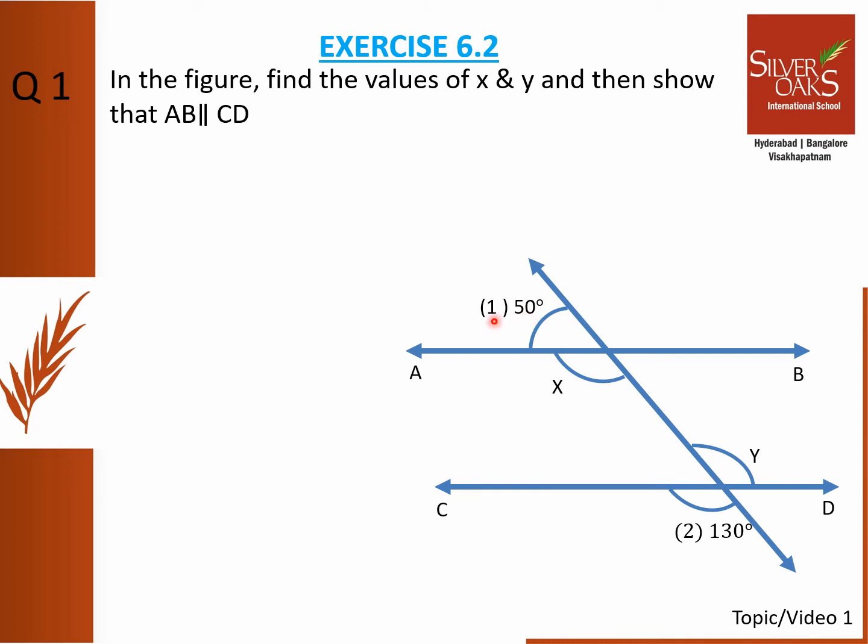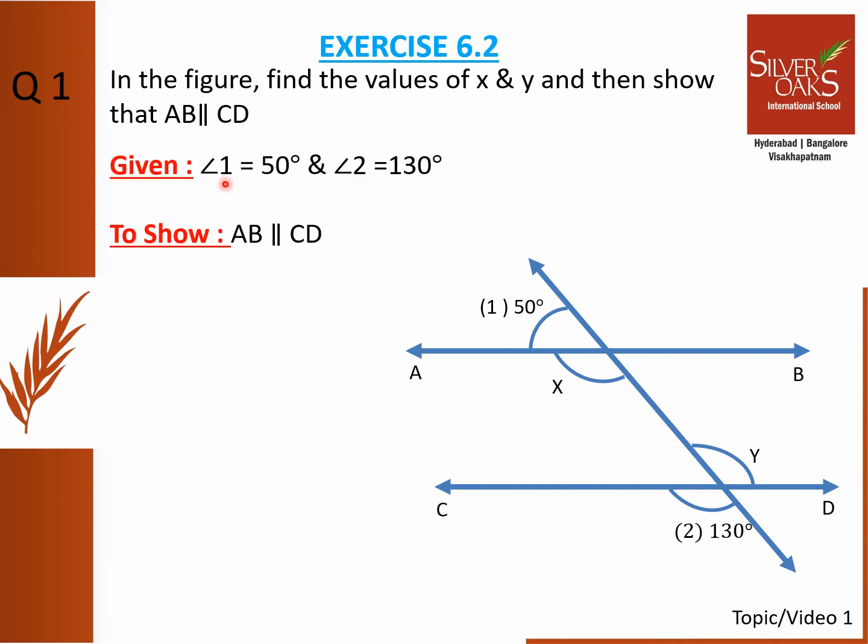I have given this as angle 1. I have assumed this is angle 130 given. I assume this as angle 2. We have to find out x and y. And we have to show that the lines are parallel. As I told you in geometry, we have to write first what is given.